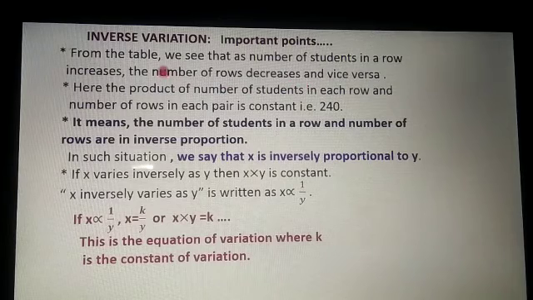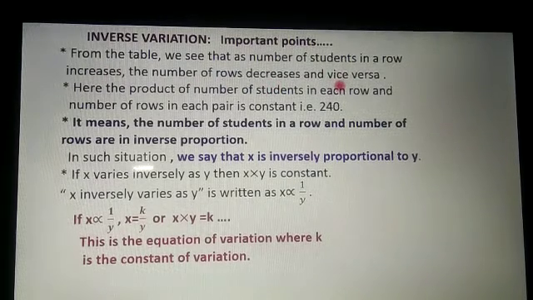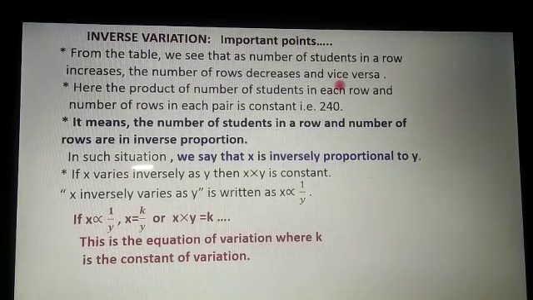Here the explanation part is given. As I told you, we saw the table. What we see in the table is that as the number of students in a row increases, the number of rows decreases, and vice versa: when the number of students in a row decreases, the number of rows increases. So the product of the number of students in each row and the number of rows in each pair is constant.